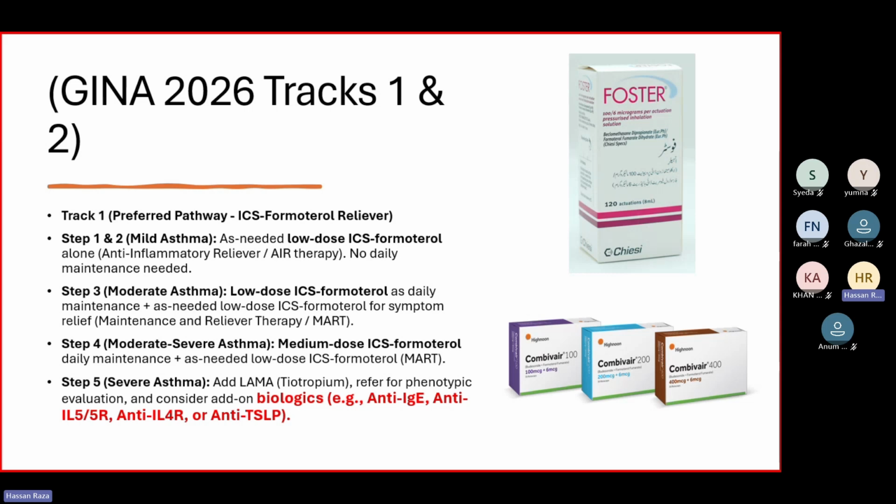Because now these guidelines treat asthma as a chronic inflammatory disease, and there are many researches which have shown that if a patient uses a short-acting beta-2 agonist, even in the mild state, they will ultimately have more hospitalization, more episodes of exacerbation, and more morbidity or mortality. That is why GINA guidelines have recommended the combination of low-dose ICS and formoterol.